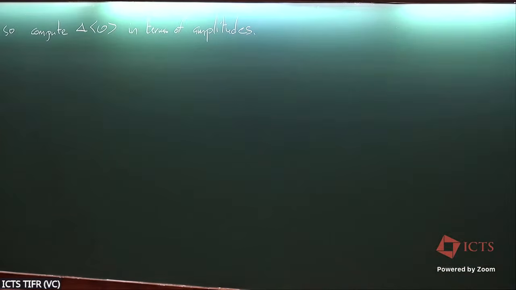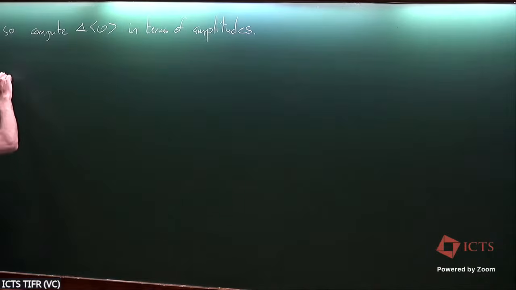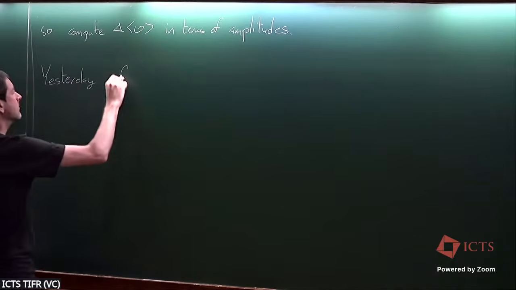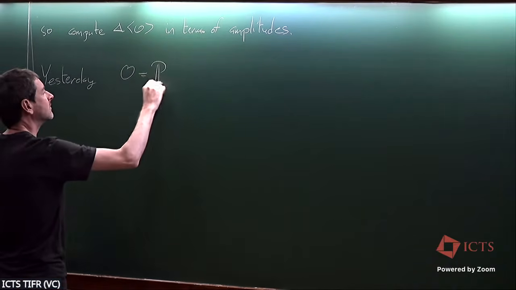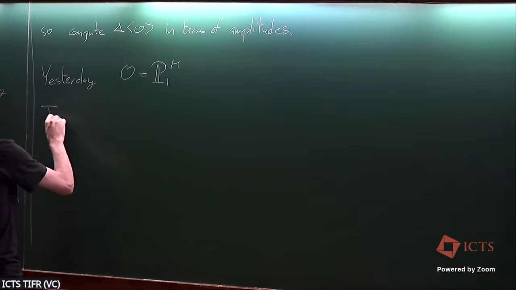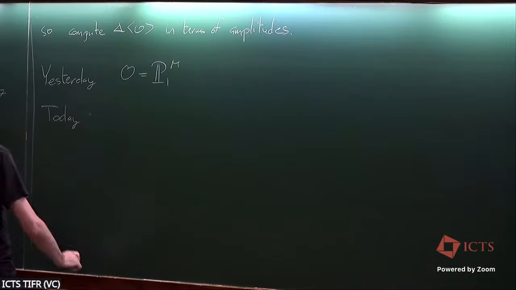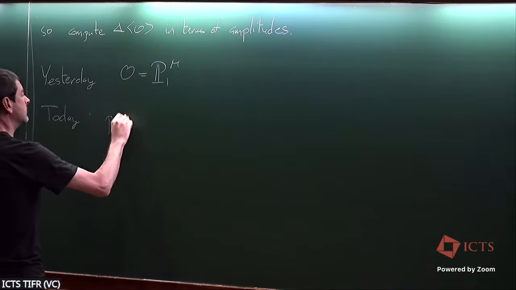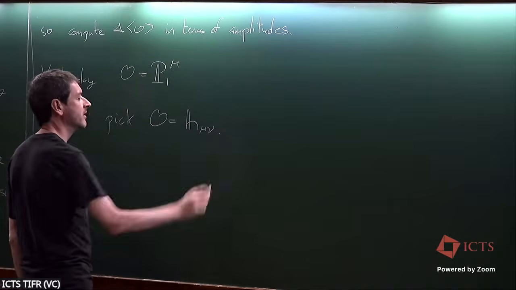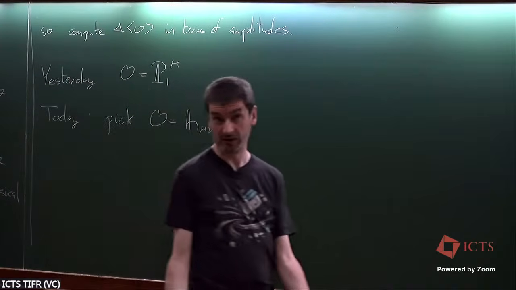Yesterday I applied this algorithm in the case where O was the momentum. We picked one particle and looked at the change in the momentum of that particle during a scattering event. Today I'm just going to apply exactly the same algorithm to a different observable, to h mu nu.